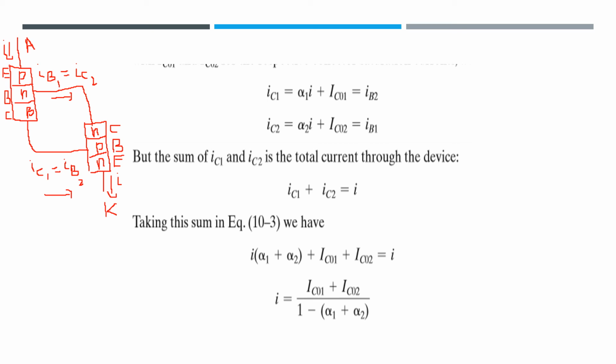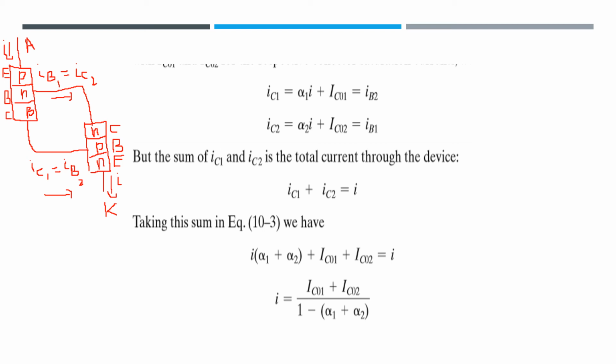So basically we have taken this PNP diode as the two transistors. The collector current IC1 of the PNP transistor drives the base of the NPN, and the base current IB1 of the PNP is dictated by the collector current of the NPN transistor.